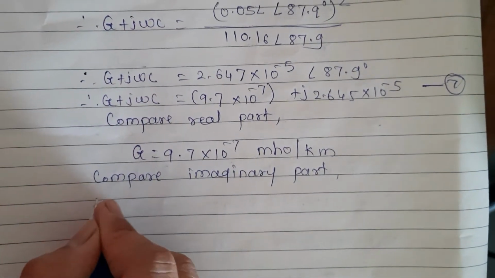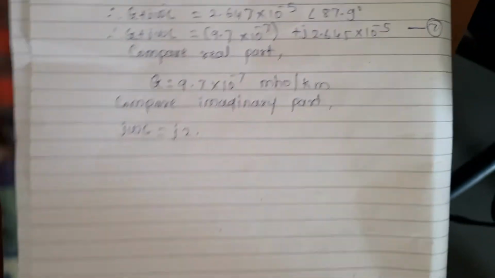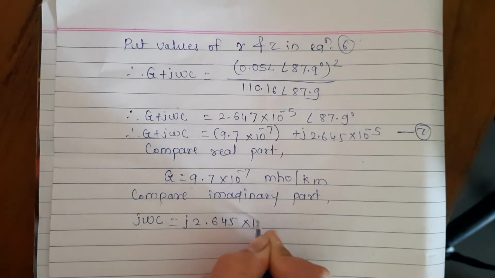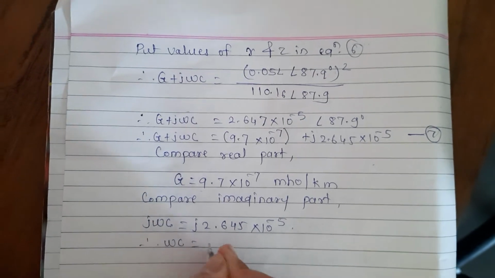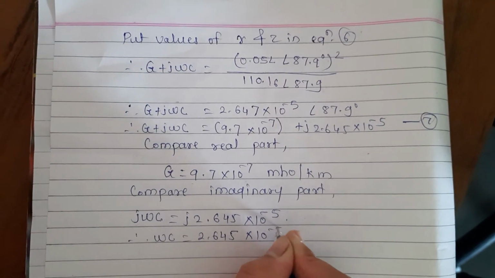And compare imaginary part. So J omega C is equal to J 2.645 into 10 raised to minus 5. Therefore omega C is equal to 2.645 into 10 raised to minus 5.